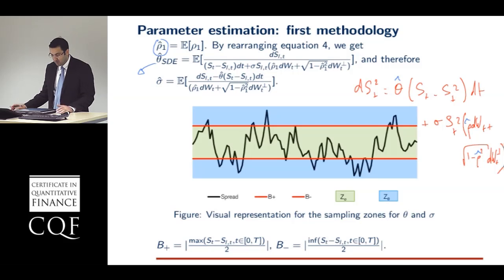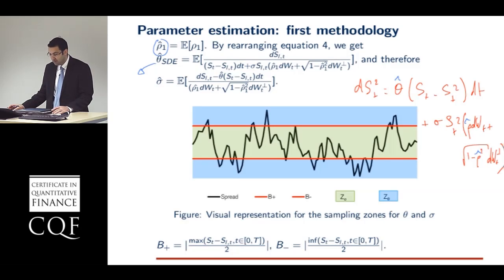If you rearrange your stochastic differential equations so as to isolate theta, you have a problem which is ubiquitous when it comes to trying to estimate the parameters of the Ornstein-Uhlenbeck model.